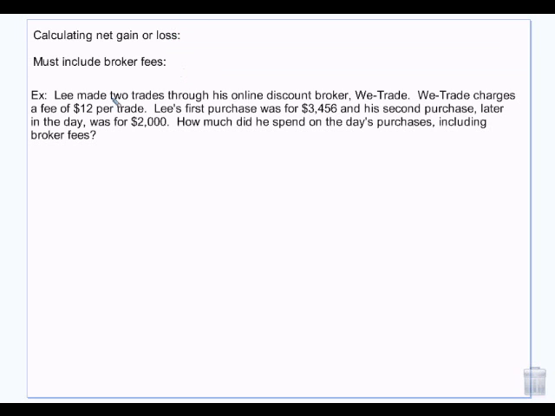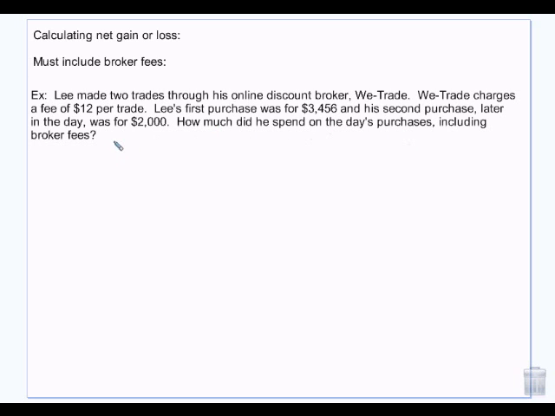So Lee made 2 trades through his online discount broker, WeTrade. WeTrade charges a fee of $12 per trade. His first purchase was $3,456, and his second purchase was $2,000, and we want to know how much he spent.